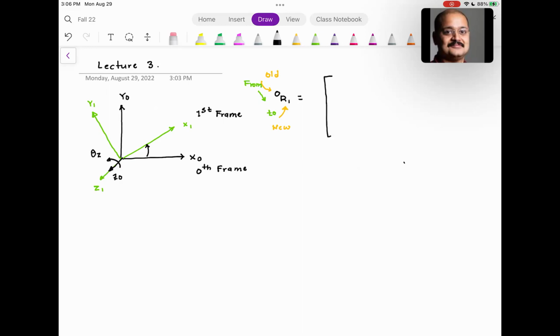And does anyone remember the coordinate transformation matrix? The new frame will be here, old frame will be here, and this is super simple: cosine theta z, minus sine theta z, 0; sine theta z, cosine theta z, 0; 0, 0, 1. Are you with me so far?